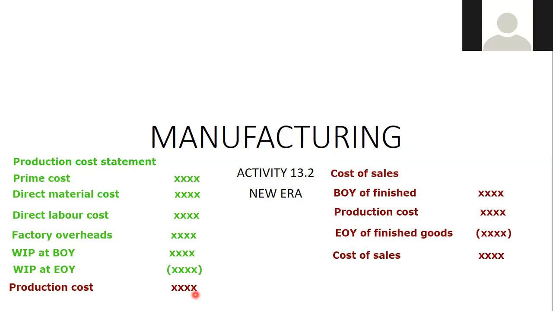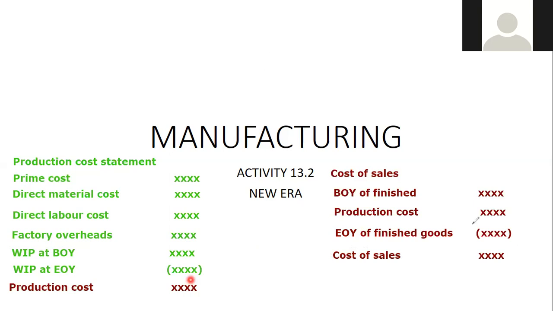This one here, work in process. This work in process at the end of the year, they do not give it to you. And they also don't give you cost of production. Yes.